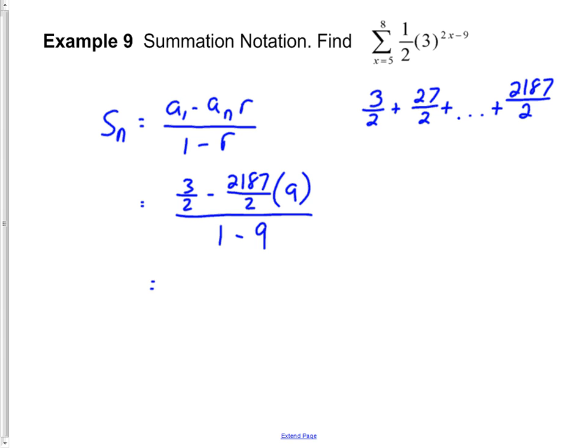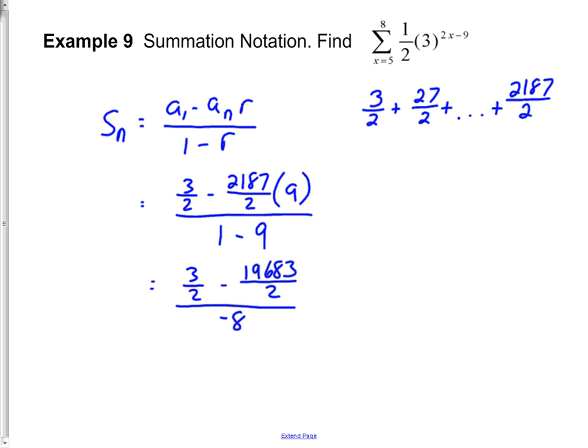So this should give me 3/2 minus 2187 times 9, and then divide by 2. So that would give me 19683 divided by 2, and that whole numerator is then over negative 8.